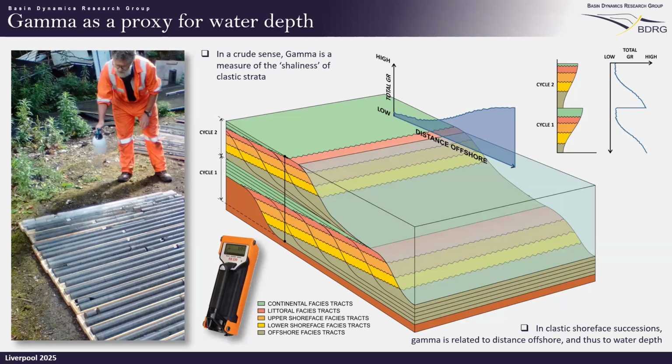And as well as looking at the sedimentology, of course, we ran a gamma trace up this core with a handheld gamma machine that you might be familiar with, this thing down the bottom here.